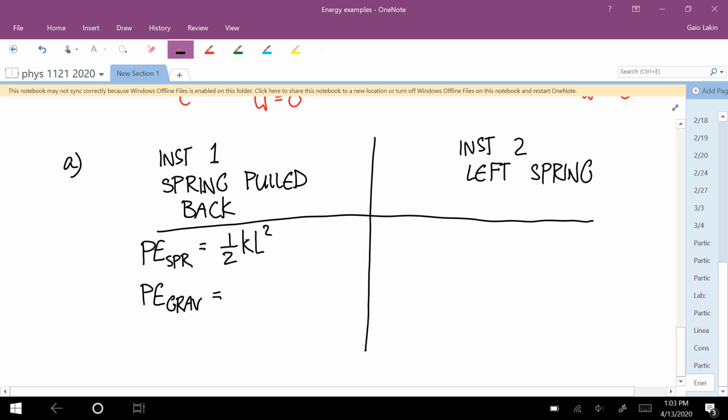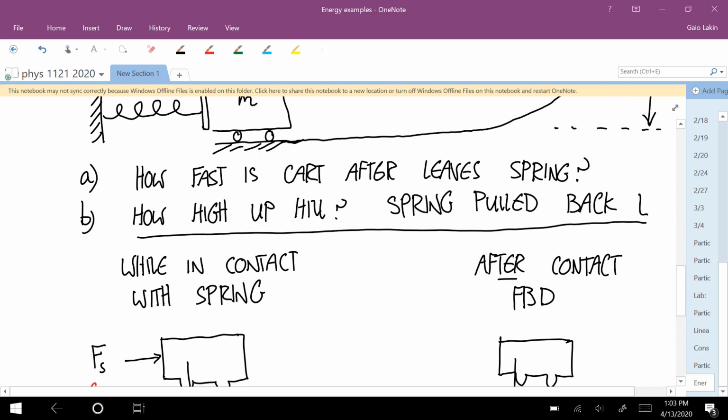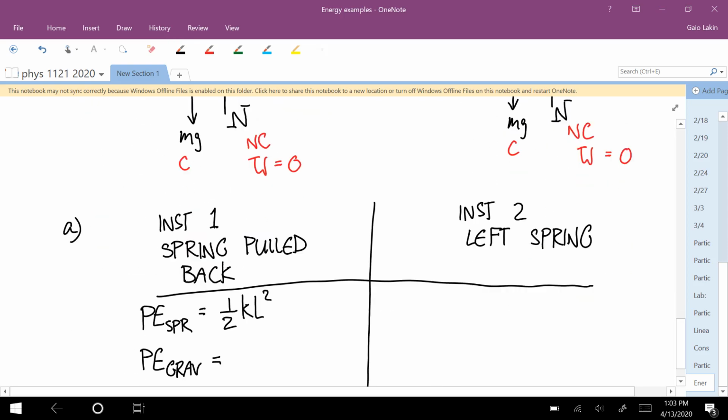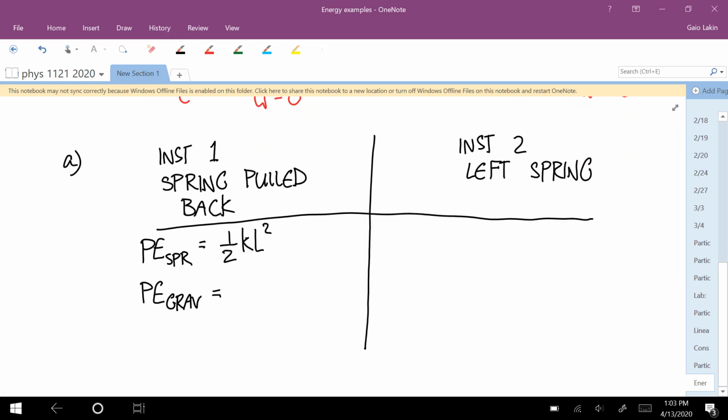And we have to choose a reference height, a height equals 0. I'll choose that to be at the ground. Like I said, I just always choose that at the lowest point that the object ever is in this motion that we care about. And so this is equal to mg times the height of 0, so 0 potential energy from the weight.